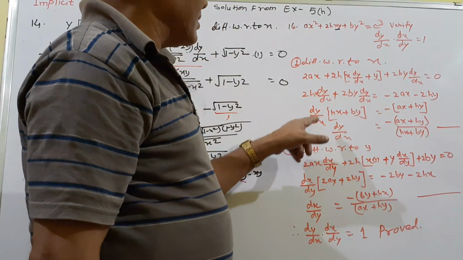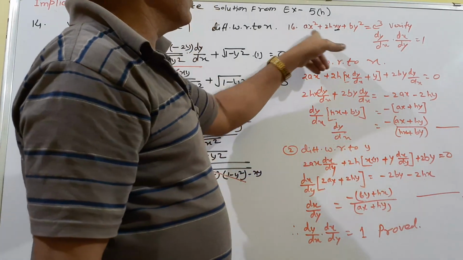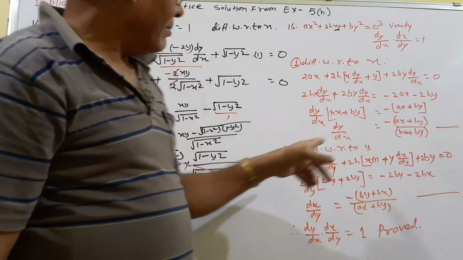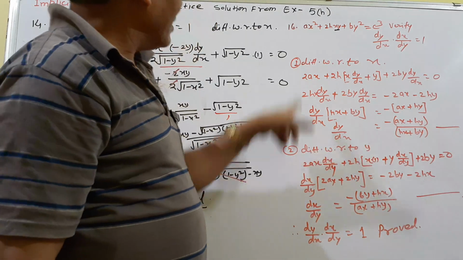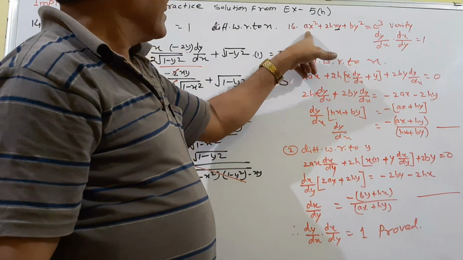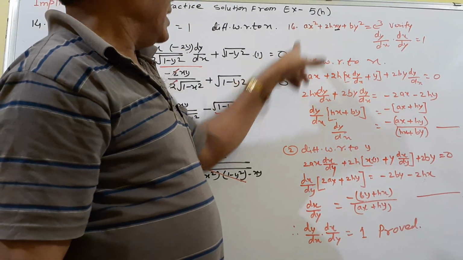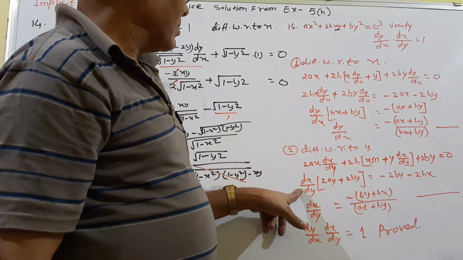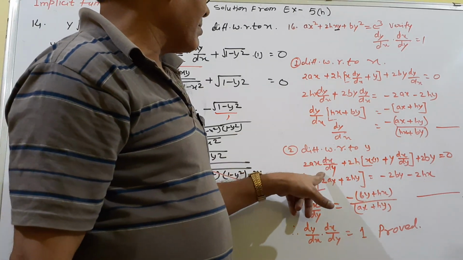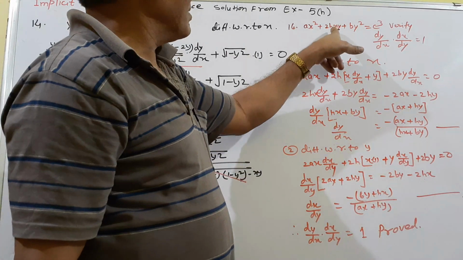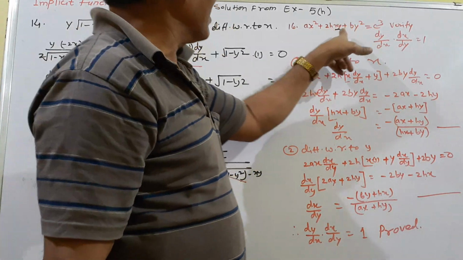When we get dy by dx, same way we can now derive with respect to y. So when we derive with respect to y, you will get 2ax dx by dy plus twice h common, again xy, derivative of xy, what will we get?